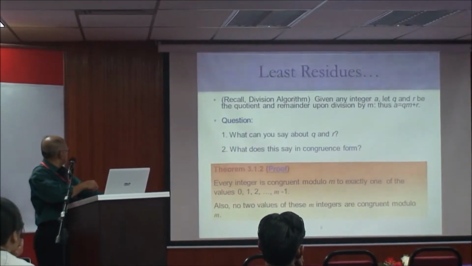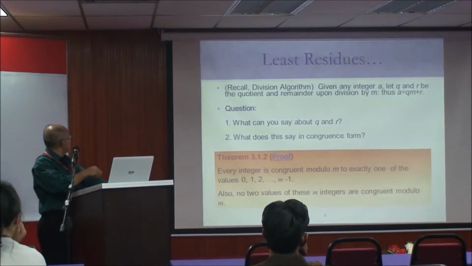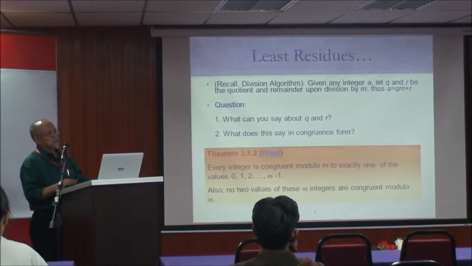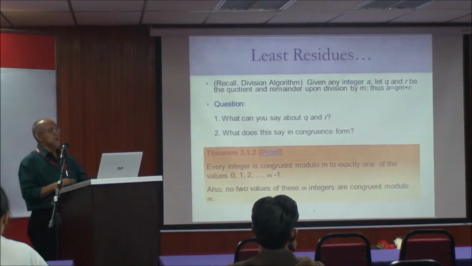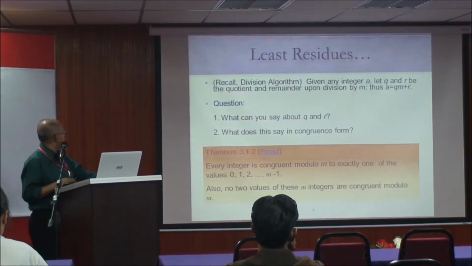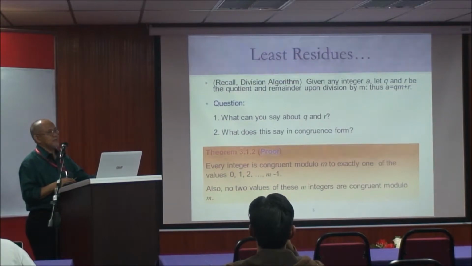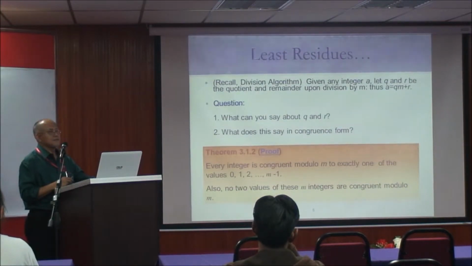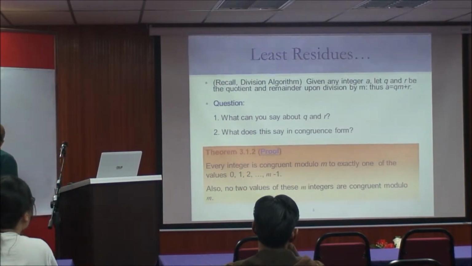So these are the possible remainders that we can get if we divide A by M. So meaning that given an integer A, A will be congruent to exactly one of the integers in this list. Is that correct? I'm really not sure whether that's a correct statement.